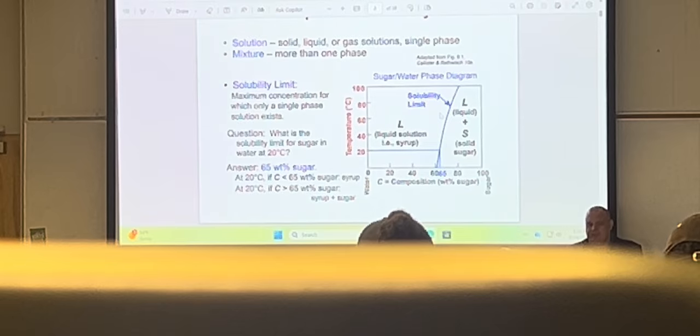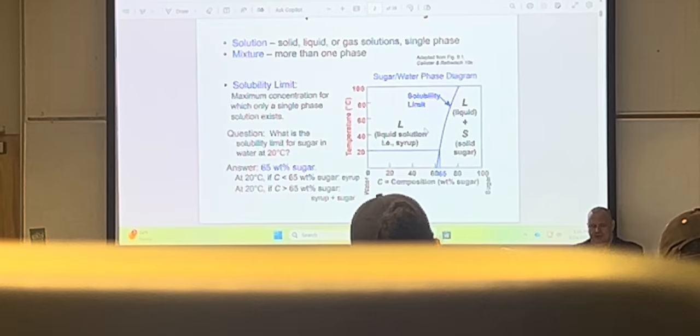And in this region you have liquid and solid. Liquid water and the sugar. And here you have the syrup. So this is one phase, this is a two-phase region. So the question is, what is the maximum concentration when you only have one single phase of the solution?